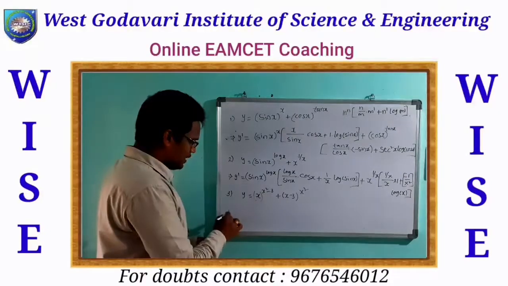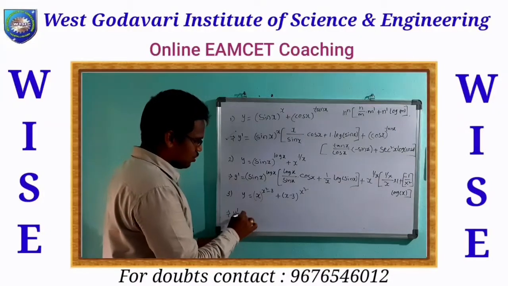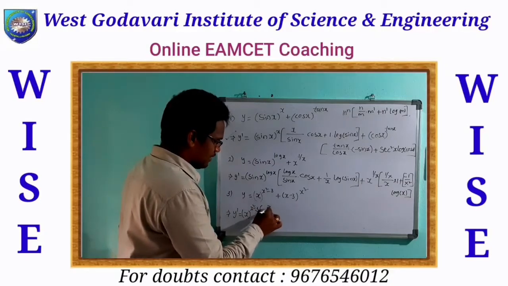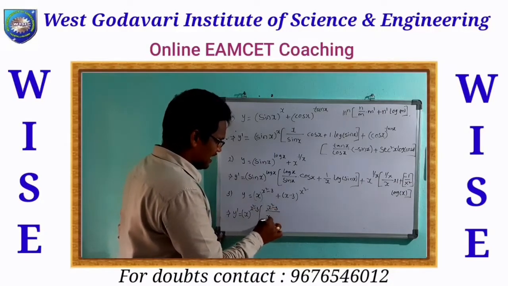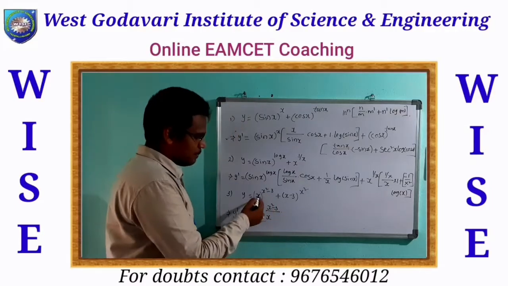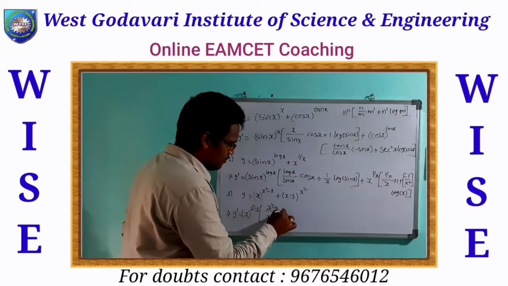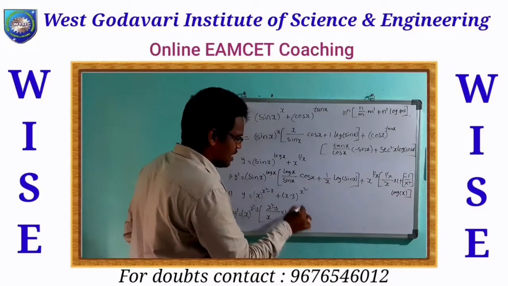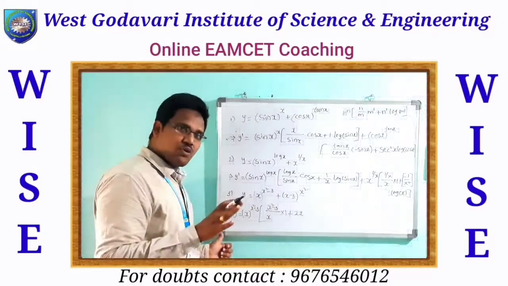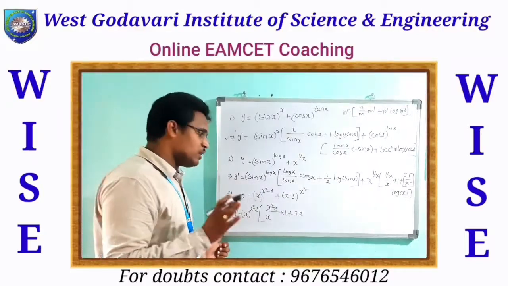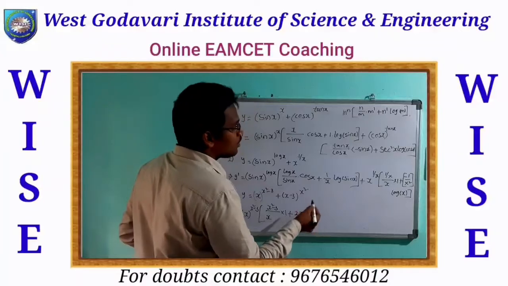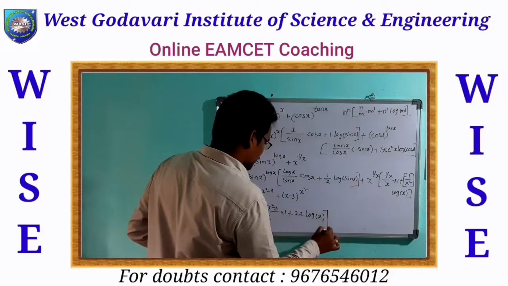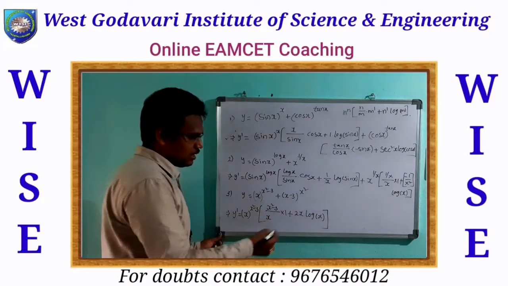Here also we are applying the same technique. y dash is equal to x to the power of x square minus 3, so n by m, that is x square minus 3 by x, into m dash. m dash, d by dx of x, is 1, plus n dash. d by dx of x square minus 3 becomes 2x, because minus 3 is a constant and the differentiation of a constant is 0. Into log m, that is log x. This is the first term evaluation.